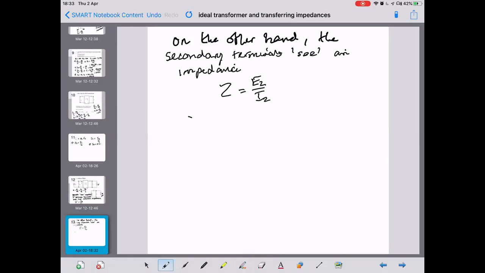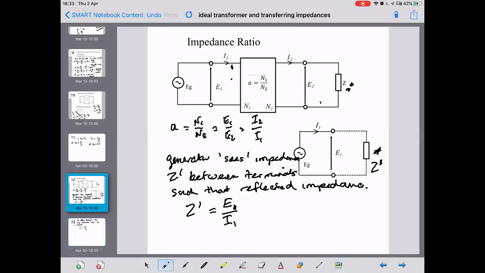So if I said to you, going back to the diagram on my previous page, if I give you E2 and I2, you could calculate me the value of Z. Yeah, agreed?